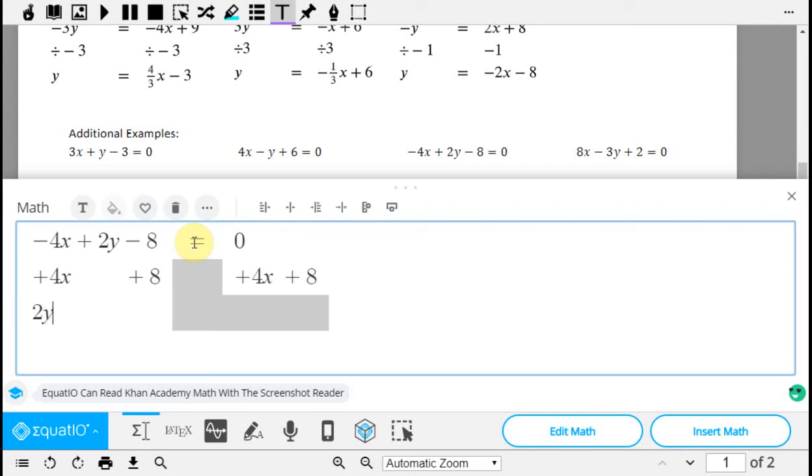That leaves us with a 2y on this side because those other terms cancel. Minus 4x plus 4x, minus 8 plus 8. That was our plan. Equals, and again, with these kind, the other side is easy because it's 0. So we simply have 4x, we don't need to write the plus, and then plus 8. The last step, we have a 2y, so we want to divide both sides by 2.